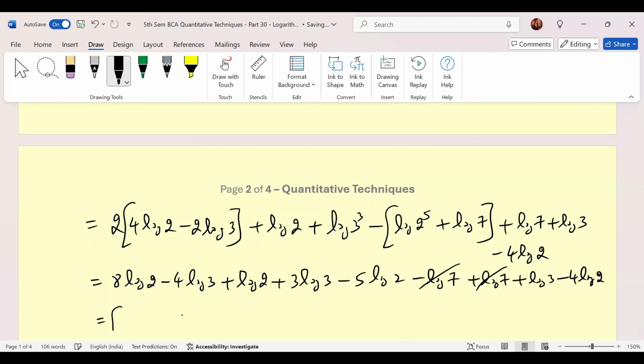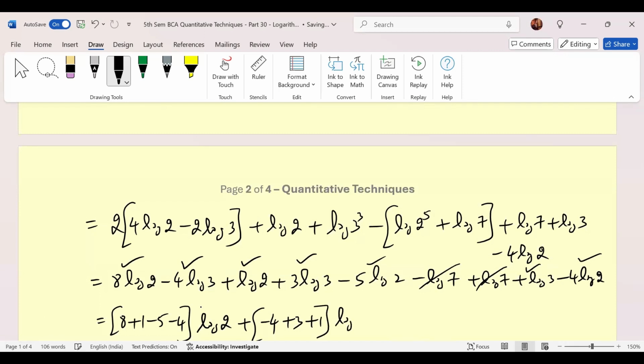Let us consider this 8, that is the coefficient of log 2. 8 is there, here 1 is there, then minus 5, then minus 4, times log 2. Then consider log 3: minus 4 here, plus 3 here, plus 1 here, times logarithm of 3.